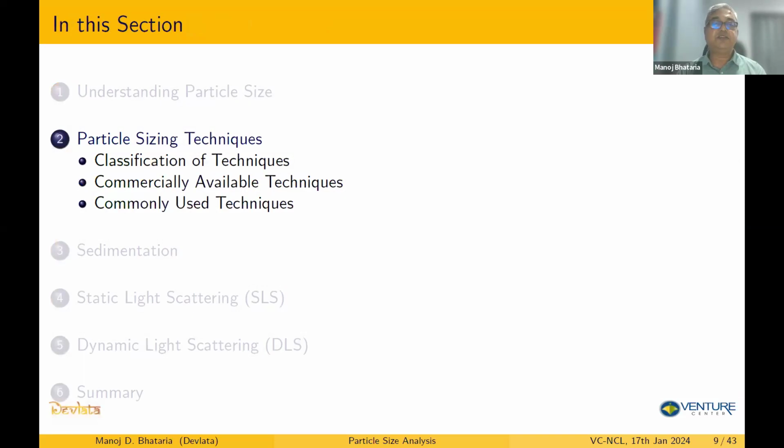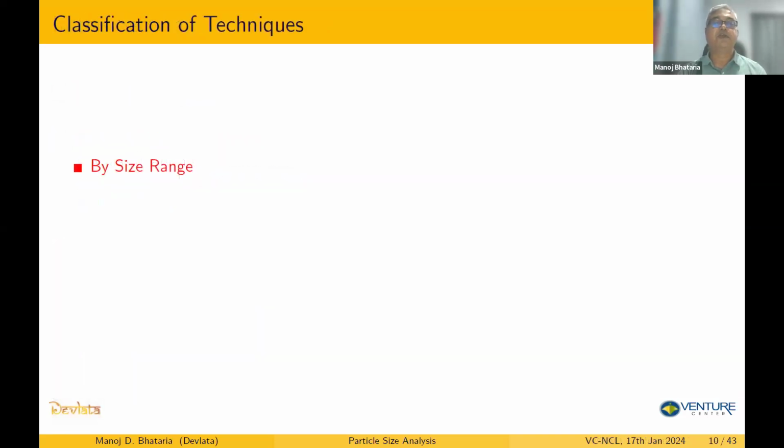So based on this, there are different kinds of classification of techniques that we can come across by size range. Now, this is the most common classification where you do that. Whether this instrument measures nanoparticles, or say micron size particles, or dry powder, or wet powder. Something is based on imaging, something is not based on imaging.